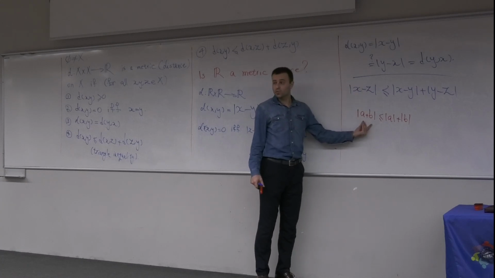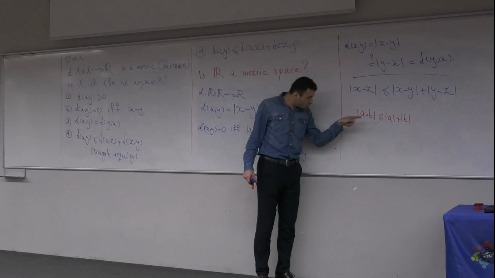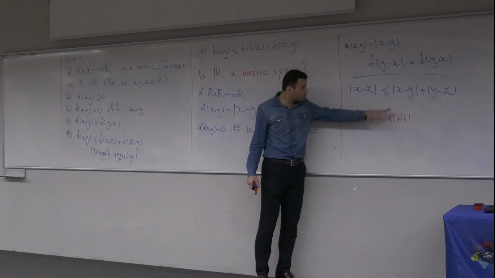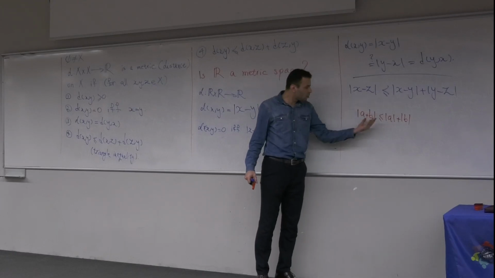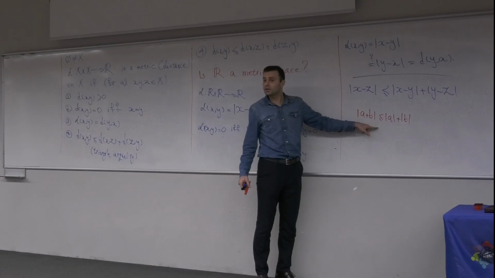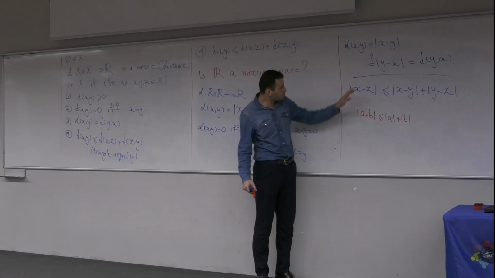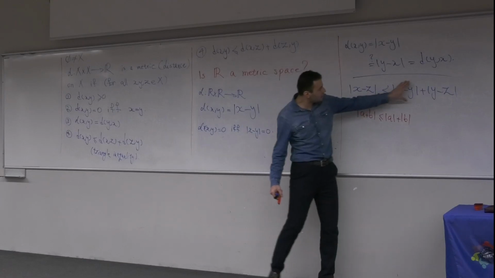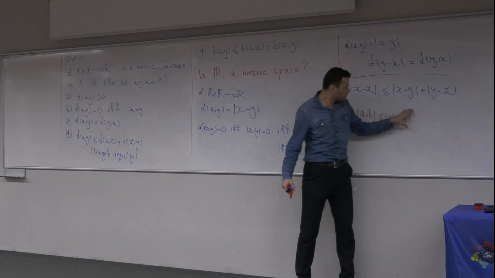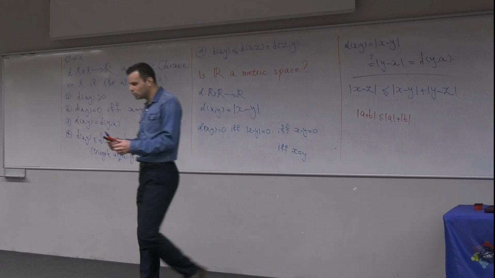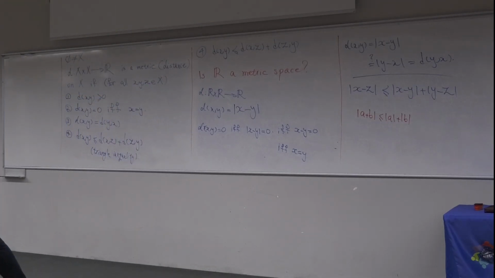Which means also vice versa. How can I use this one in order to get this one? Because their structure looks the same, right? What are the similarities that you notice? What do you see?